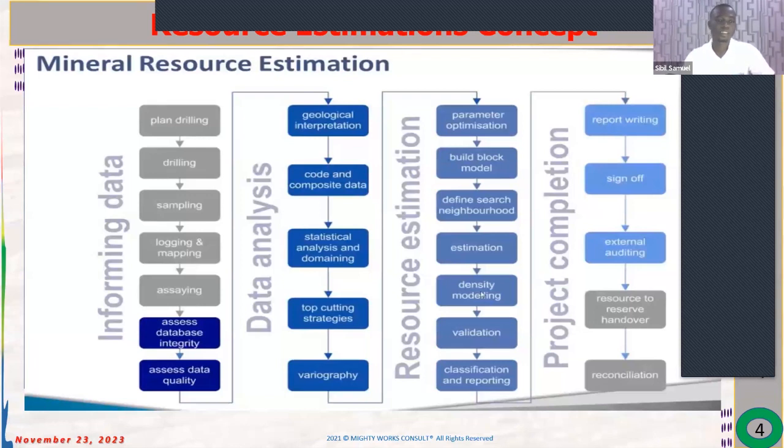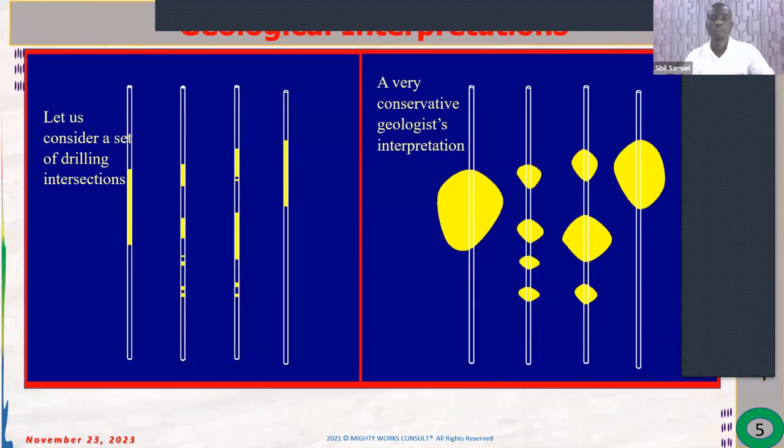But the whole thing is a workflow like this. Data is taken, it is analyzed, then resource estimation, then it gets to the engineers and it is completed there. Take, for example, drill holes like this. You have drill holes that have some samples inside them. That's the yellow portion.